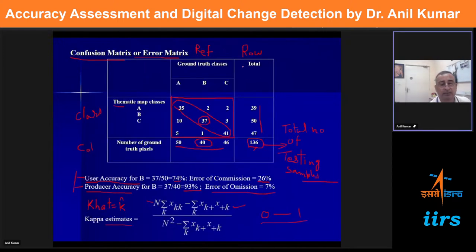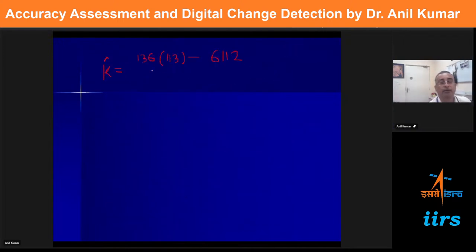And in the denominator, it is n square, the total number of samples squared, 136 squared, minus the row-with-column multiplied sum, when we multiply the corresponding class row total with column total and sum up. The value we have already calculated is 6112.